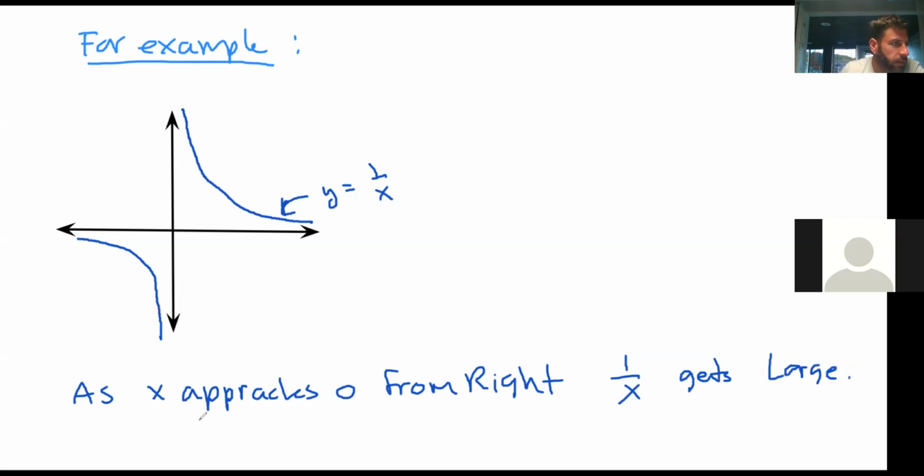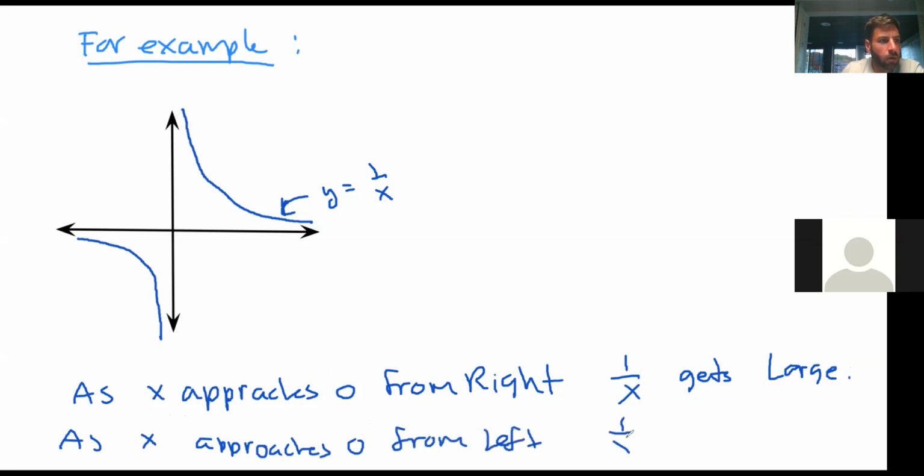And then similarly, as x approaches 0 from the left, 1 over x gets large and negative.